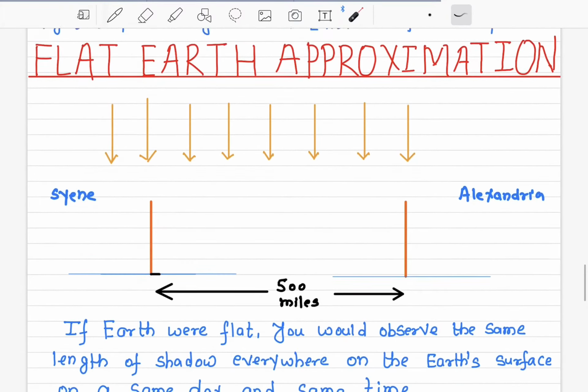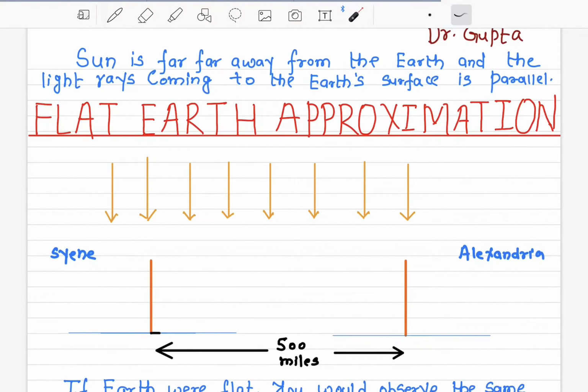We know that the sun, and in fact he knew that the sun is very, very far from the earth's surface, and also it is gigantic in comparison to the earth. So if the sun is far, far away, all the light rays coming to the earth's surface must be parallel.